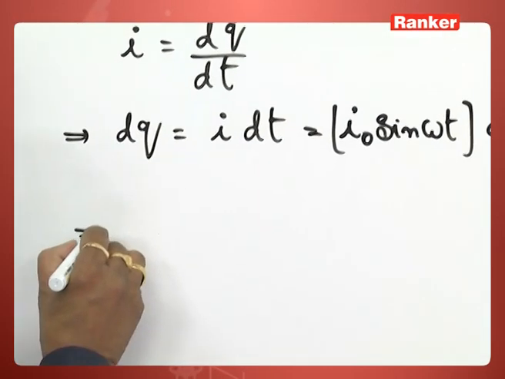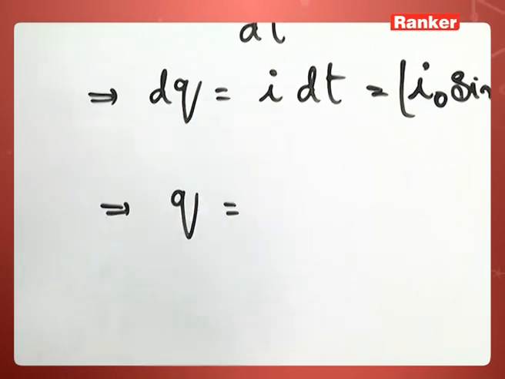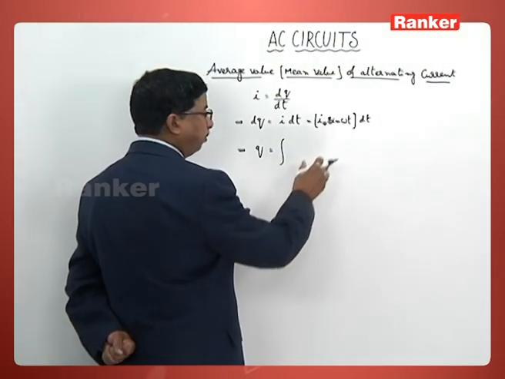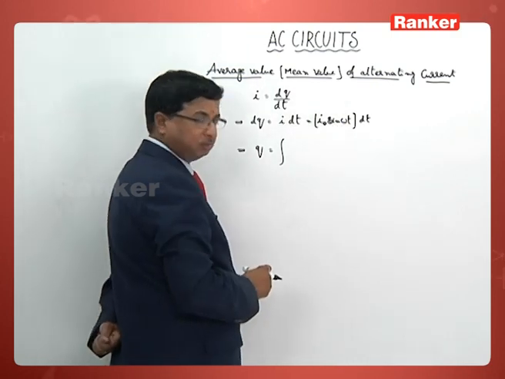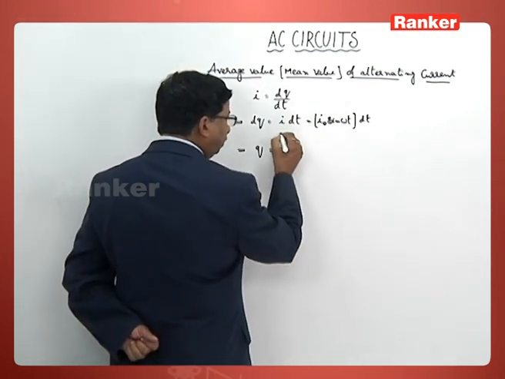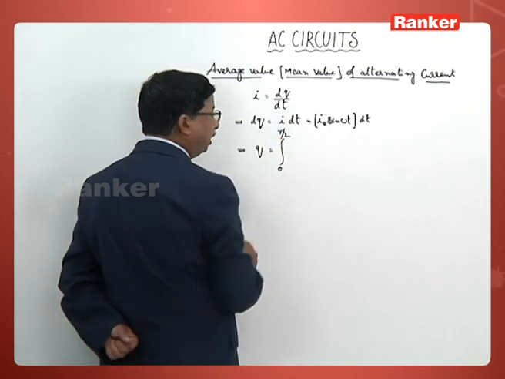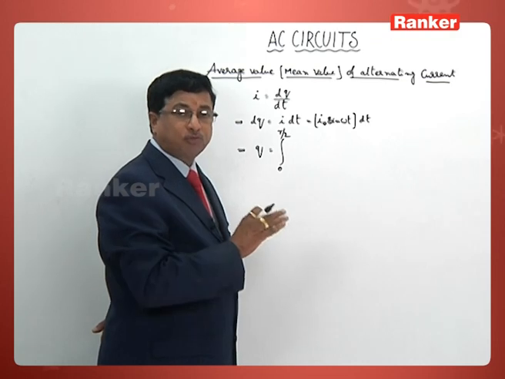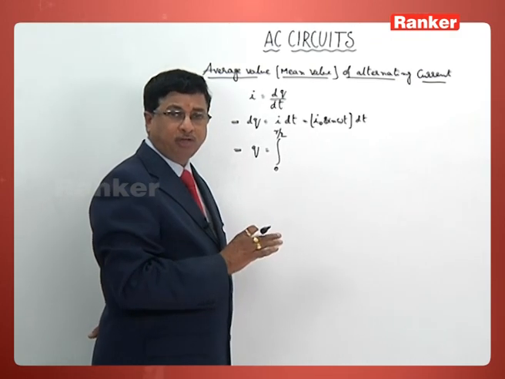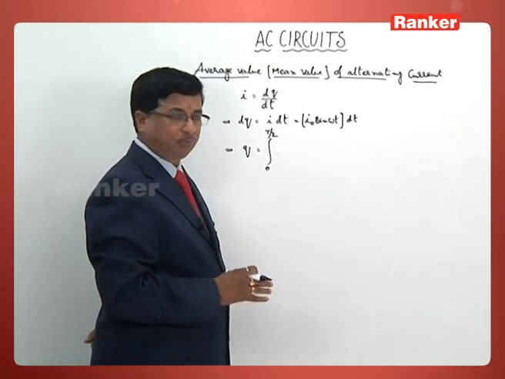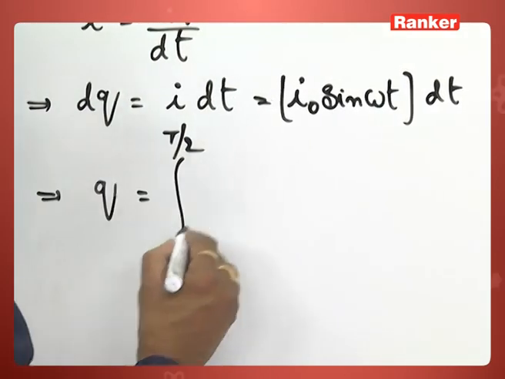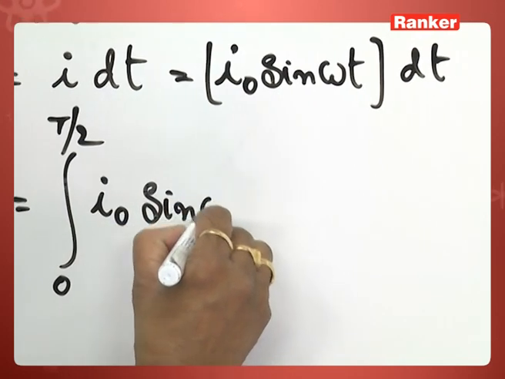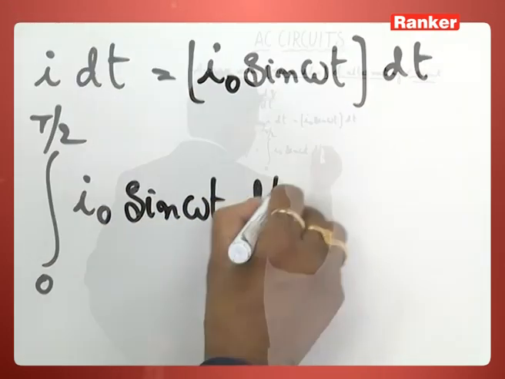Then I just want the value of q out of that. This of course can be taken up by integrating it, integrating between the limits 0 and T by 2. For half the time we define this value of average current. So 0 to T by 2, I naught sin omega t dt.